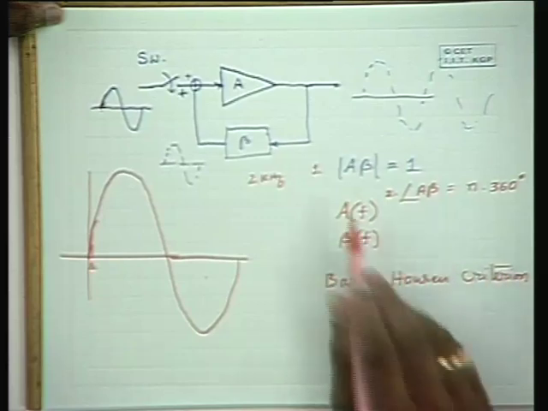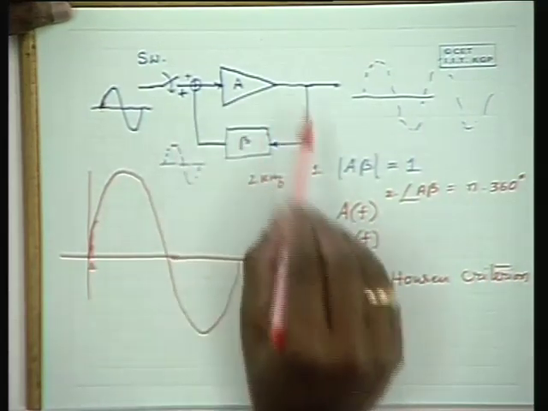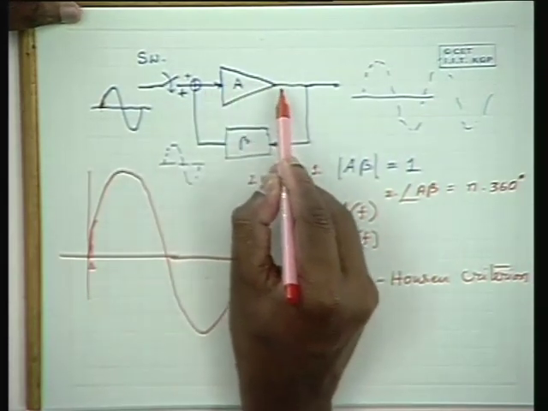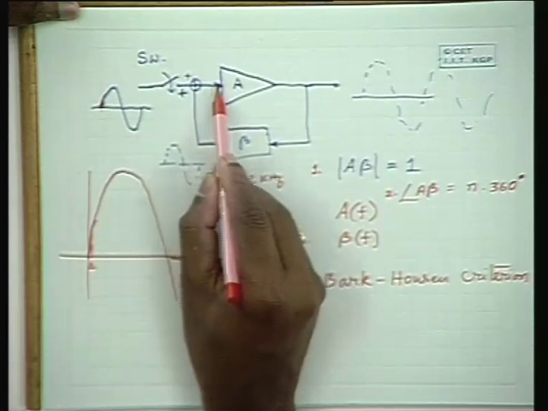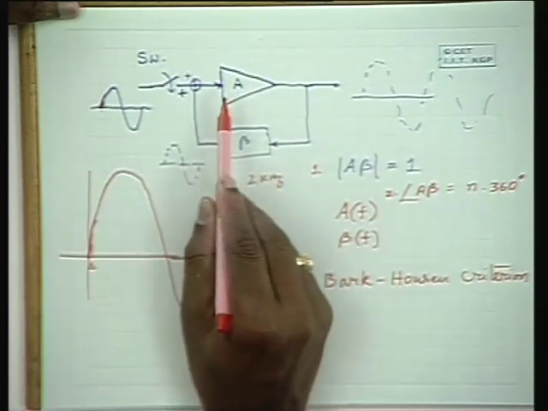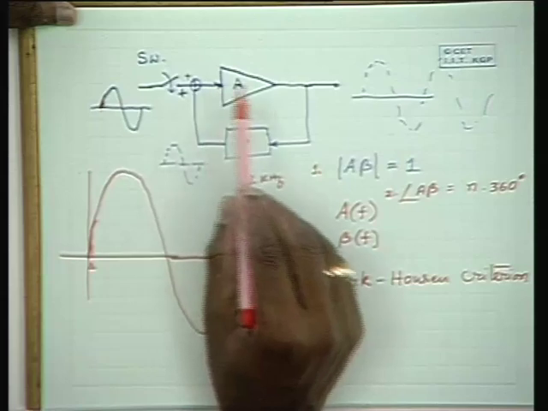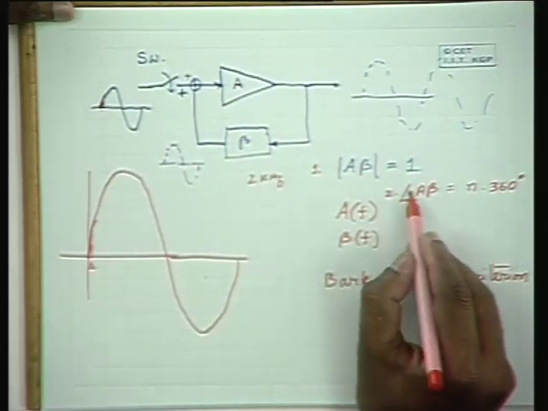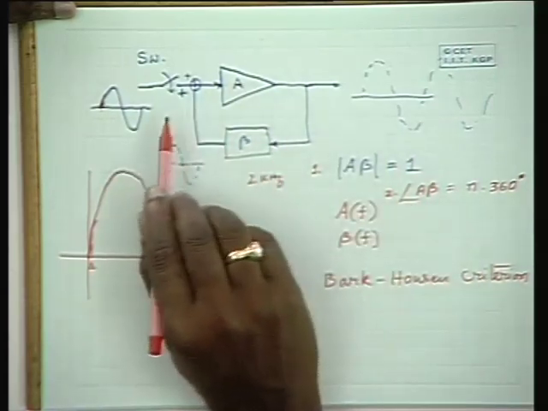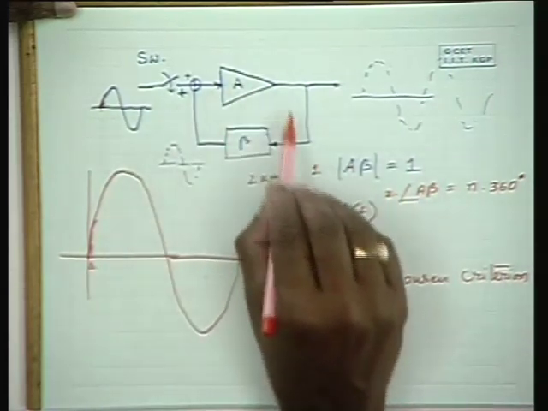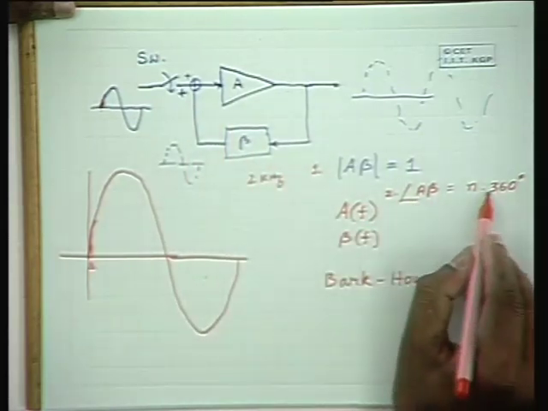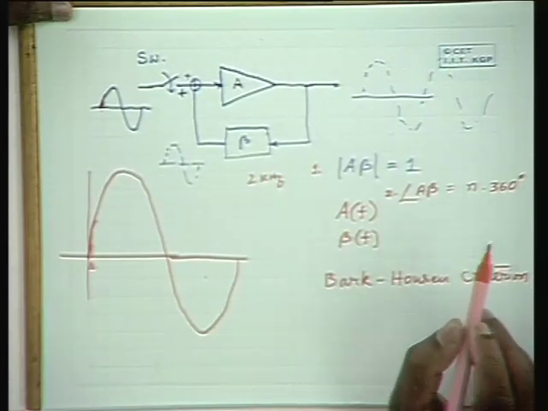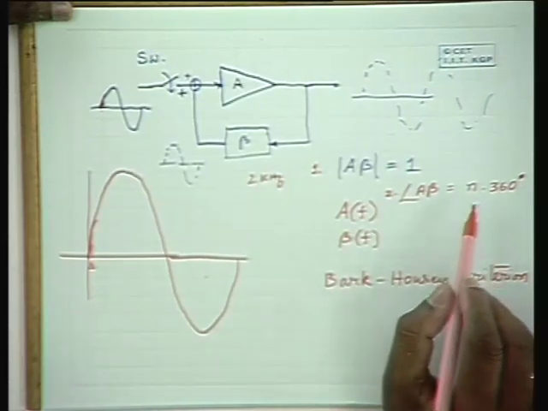I repeat, the conditions are: the loop gain, this is known as the loop gain, is the overall gain from one point to the same point along the feed forward and feedback path. So the magnitude of the loop gain should be unity, and the phase shift or the angle of the loop gain should be n into 360 degrees. Why should it be a multiple of the cycle?